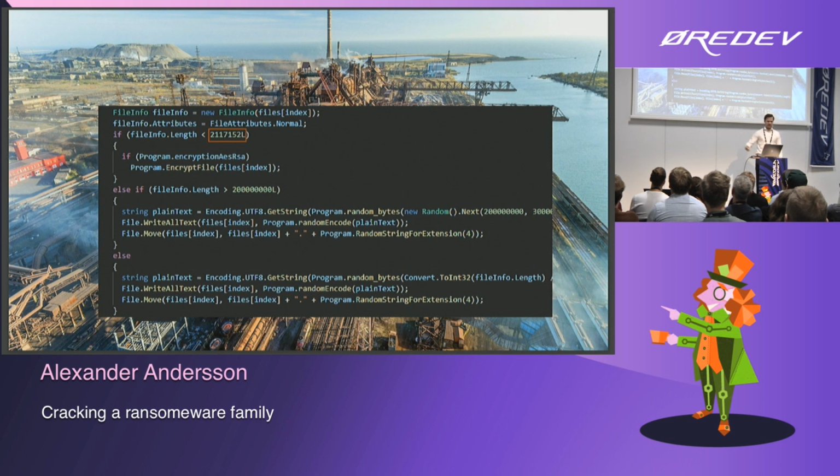You see in the first if, if the file is below 2 megabytes, it encrypts the file. If it's over that size, it just overwrites the file with random bytes. So there is no way whatsoever to get it back, at least not by paying.